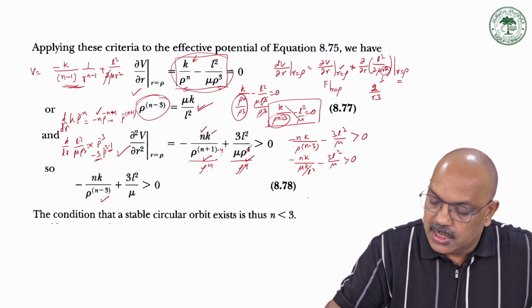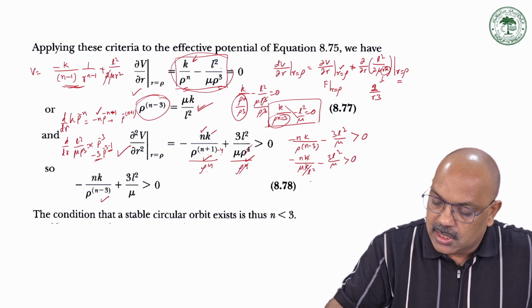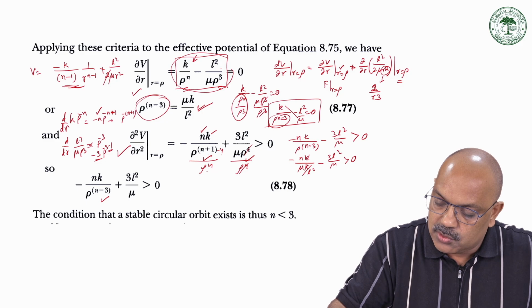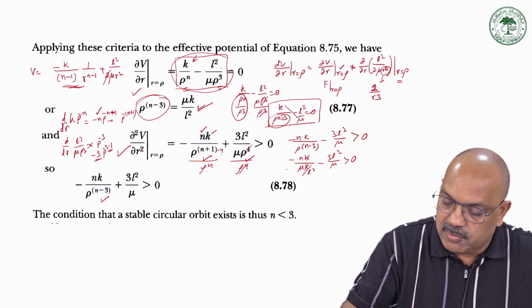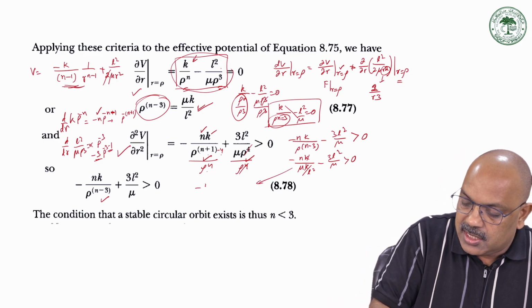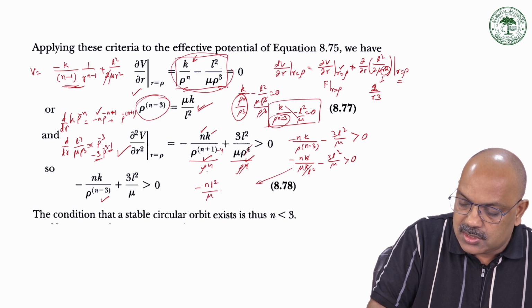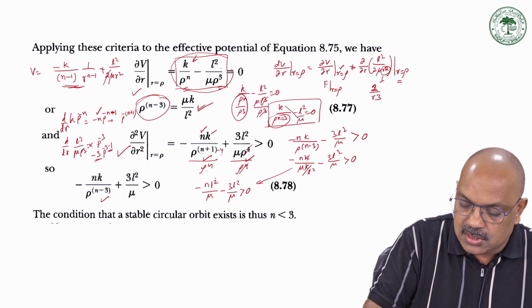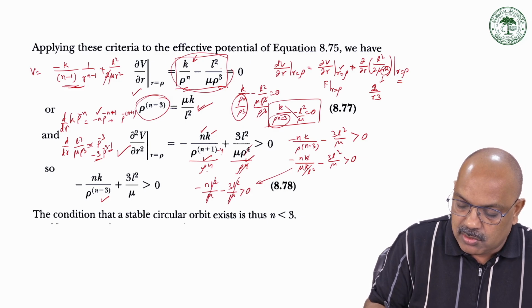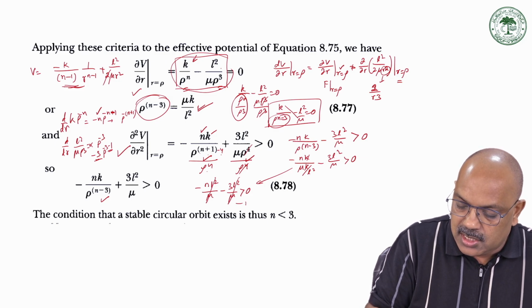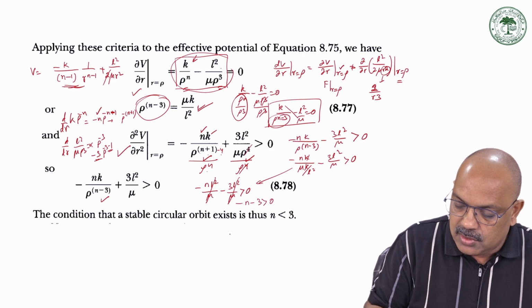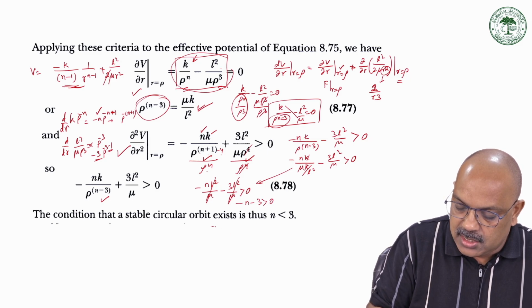So k will cancel out, and I'm going to have L square upon mu. This gives me minus n L square upon mu minus 3L square upon mu is greater than 0. L square by mu is not 0, so I'm going to get minus n minus 3 is greater than 0, so minus n is greater than 3, or n is less than 3.